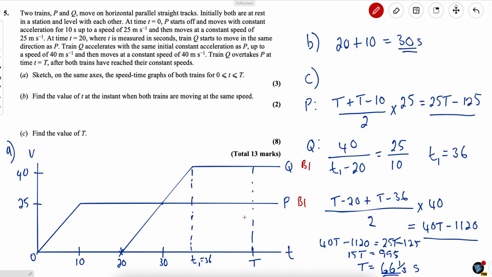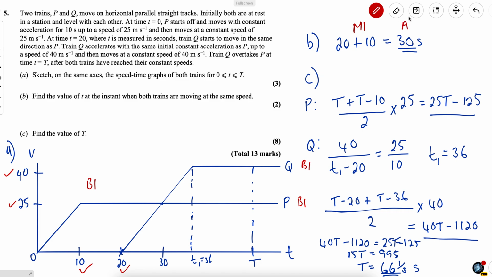And then for the values correct, so you need to have 10, 20, 25 and 40 to get that next understanding mark. For part B, there's a method mark for just showing your working to show where you've got this figure of 30 from, and an accuracy mark.